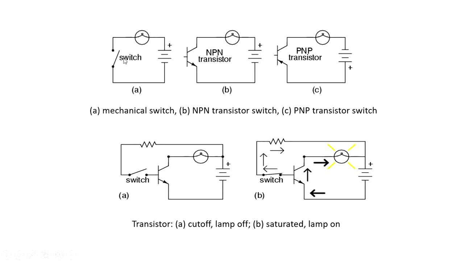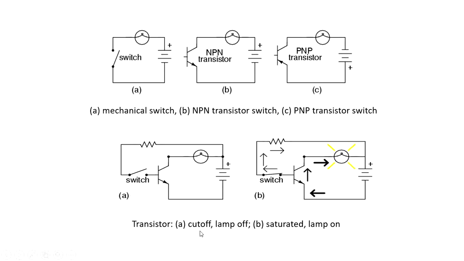Otherwise, if it is open, the circuit is incomplete, not closed, so this bulb will not glow. This mechanical switch can be replaced with an NPN transistor or a PNP transistor. For NPN, the collector will be connected to positive, and for PNP, the collector will be connected to negative.